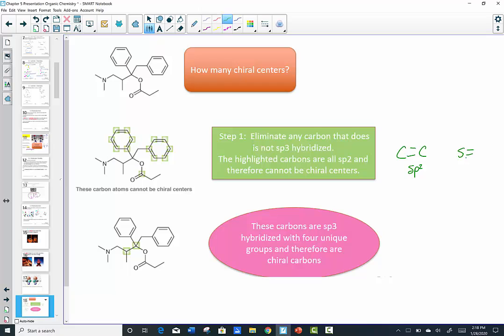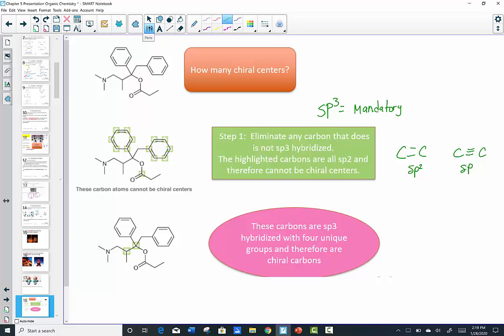If you see any triple bonds, C triple bond C, that's sp hybridized. To be a chiral center, you must be sp3, with 4 bonds from carbon. So that's mandatory. To have 4 unique attachments, they have to have 4 bonds. They have to be single bonds.